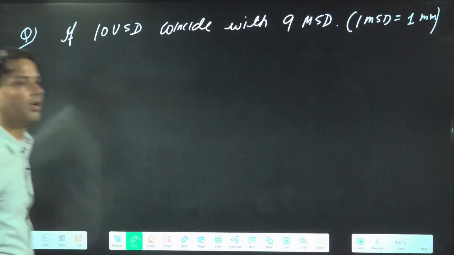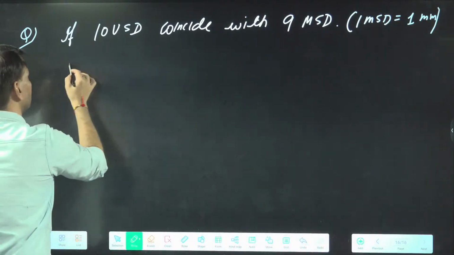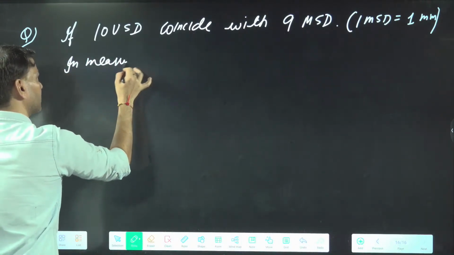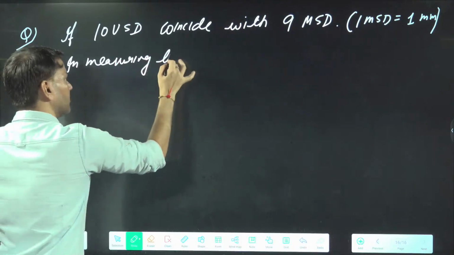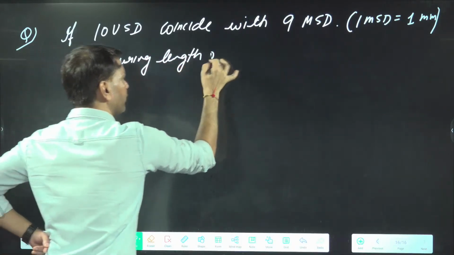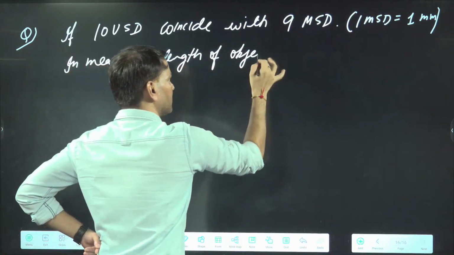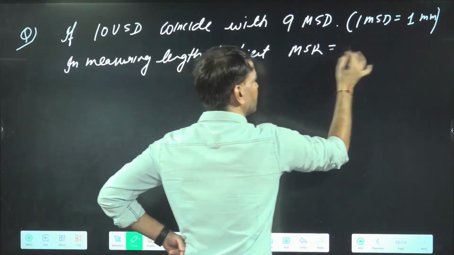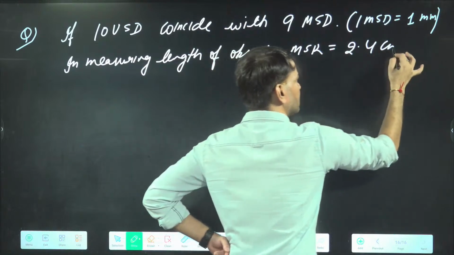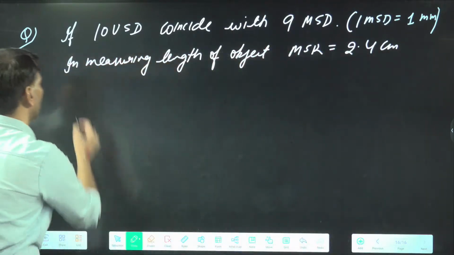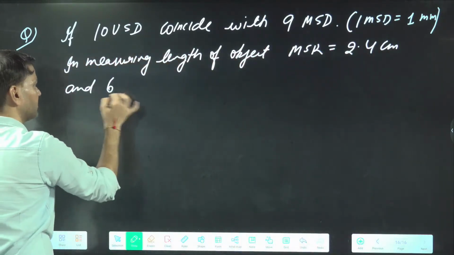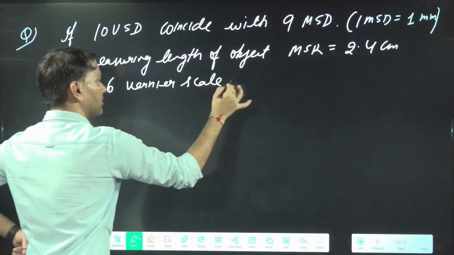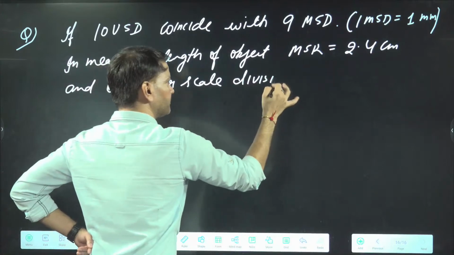In measuring the length of an object, the main scale reading is 2.4 centimeter and 6 Vernier scale divisions.